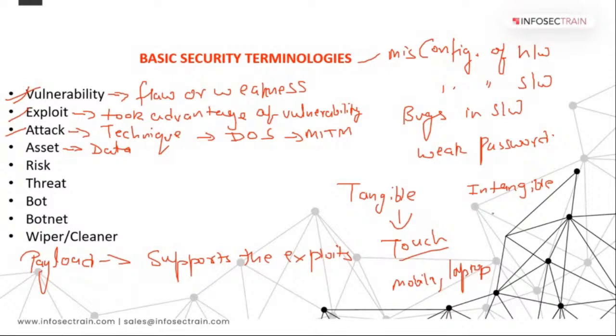Now, if I talk about intangible, intangible assets are those which you cannot touch, right? Now, in intangible, what will be there? Mostly there will be the data only, right? Let's say someone is running with your mobile phone and your laptop, and you can save only one thing.